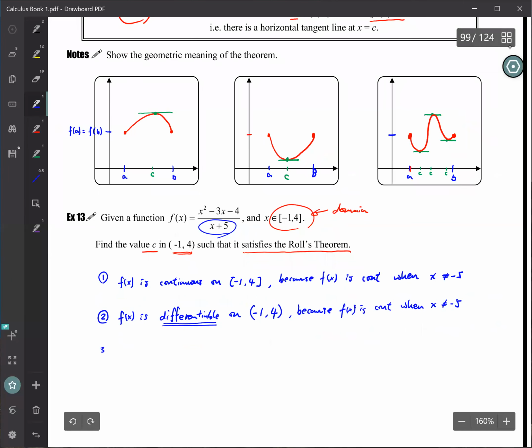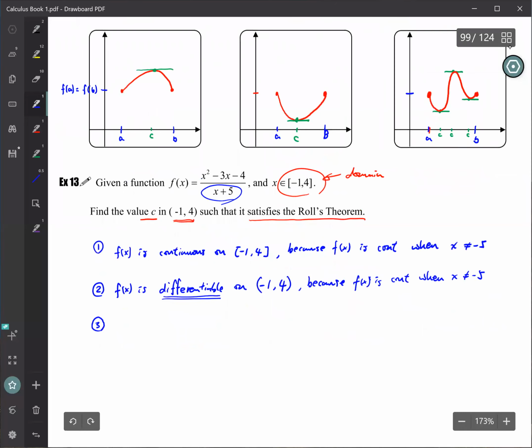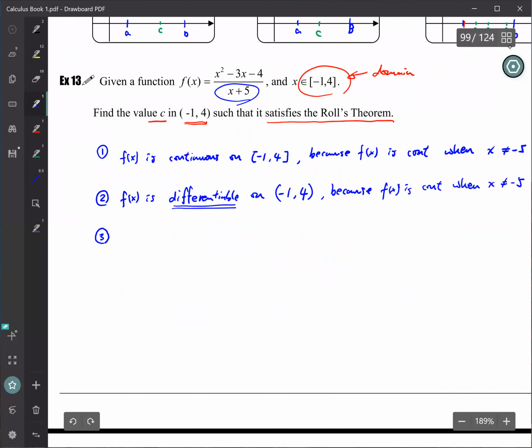Okay, so once we got the first two, we still have one more condition. What's number 3, Nicole? What's condition number 3?